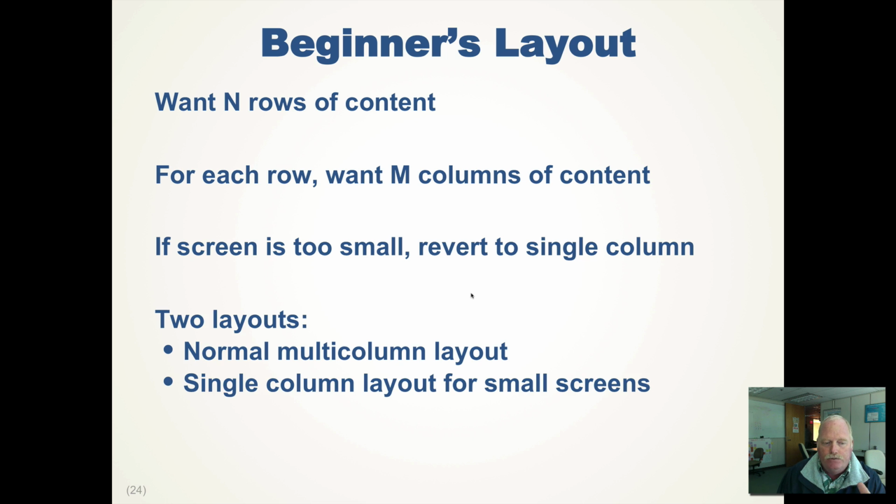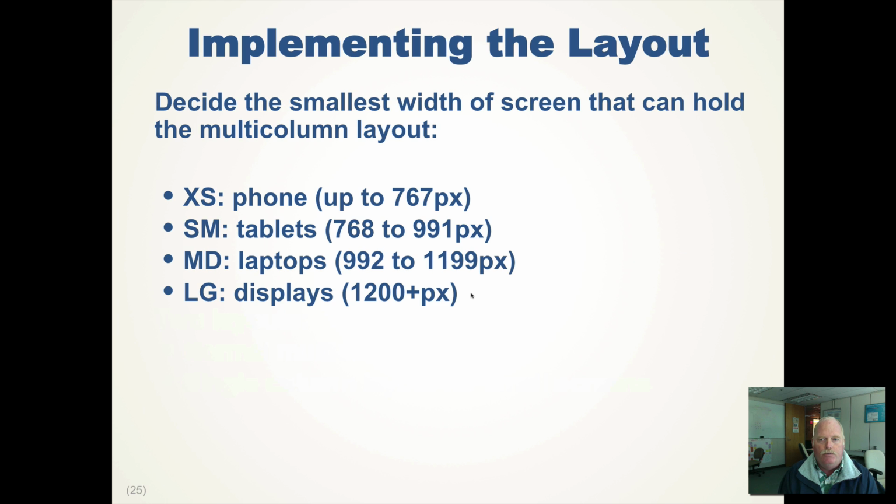So basically you have two layouts in this system. You have your normal multi-column layout, or when you're on a small device or small screen, you go to a single column layout and you have to keep scrolling up and down. So that's a very simple layout, but it works very well with Bootstrap.